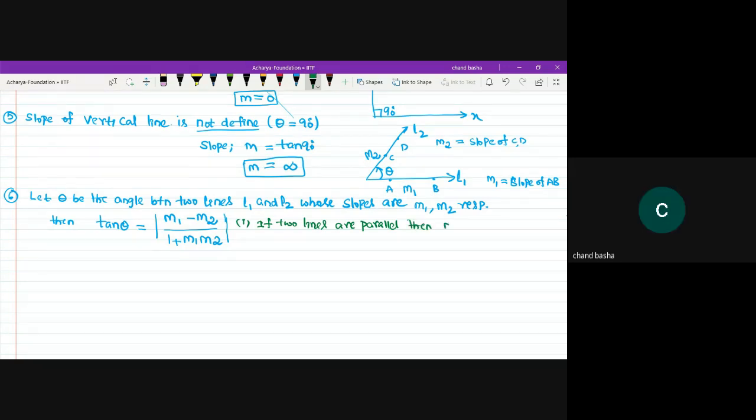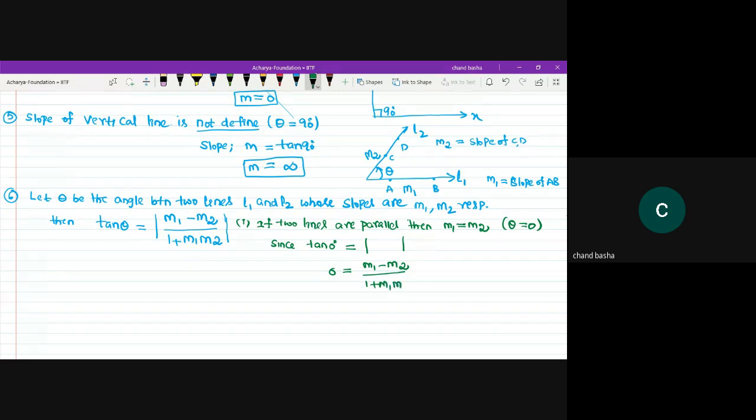That means I'll get M1 is equal to M2. Sir, how will you get M1 is equal to M2? Let us see. Since theta value is equal to 0, as you said, tan 0 is equal to, on the right side we have the same modulus. Tan 0 value is 0, or not? M1 minus M2 divided by 1 plus M1 M2. Is it clear, guys?